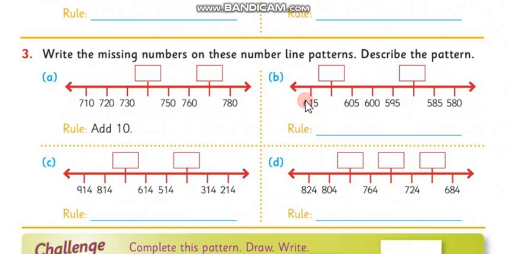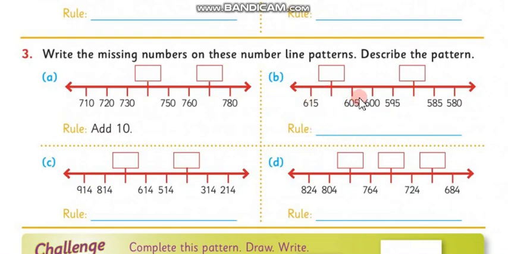For the second one, we're given the starting number 615, and then we have a gap. Then we have 605, then 600, and then 595. Can you see the pattern developing between these three numbers? I'm sure that'll help you figure out your rule.